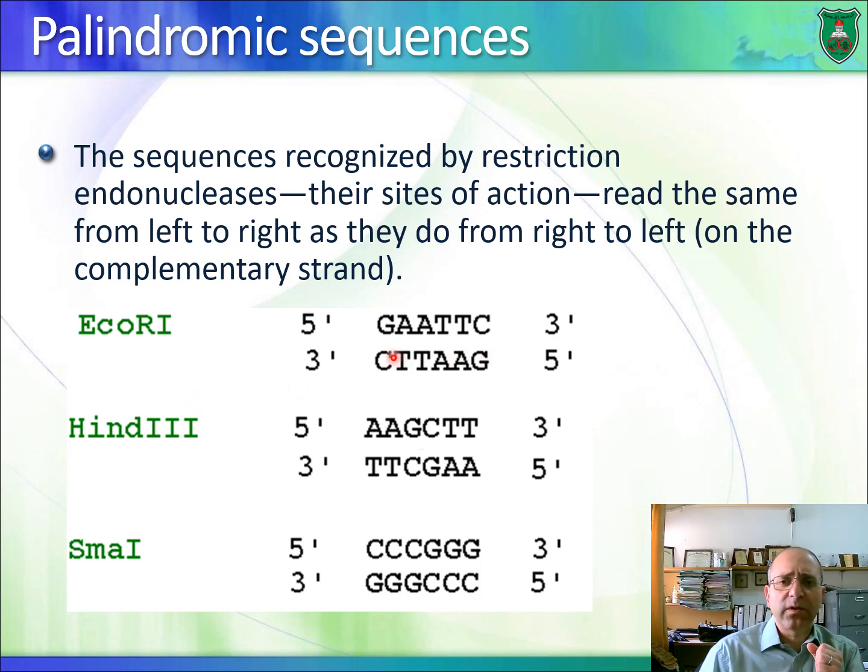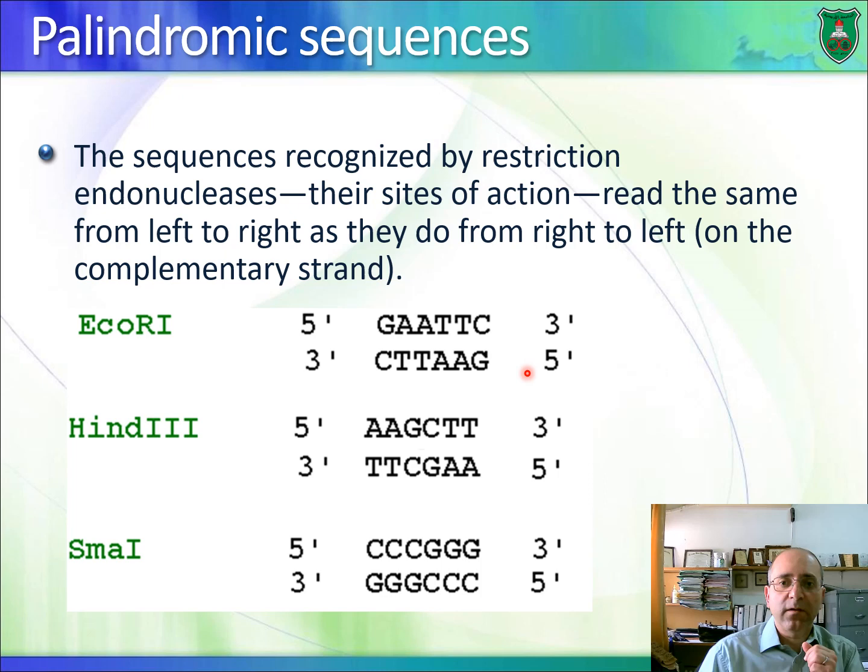So notice what the sequence is: GAATTC. You don't have to memorize these sequences and enzymes, but you will memorize this one because we'll talk about it a lot. That's EcoR1, 5' to 3', GAATTC.